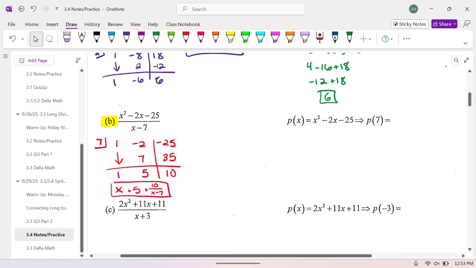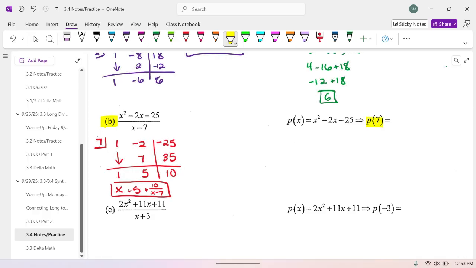So if I do P of 7, in other words, I'm going to plug in 7 for x. All right, I get 7 squared minus 2 times 7 minus 25. Any prediction on what this is going to be before you actually evaluate it? 10. So I heard 5, I heard 10.